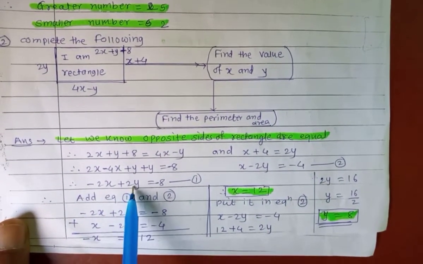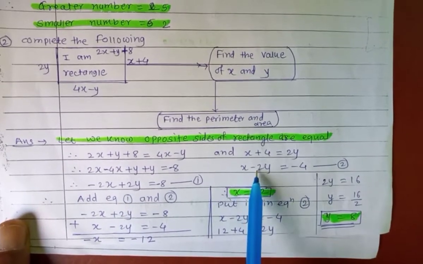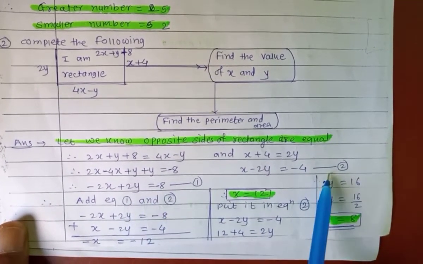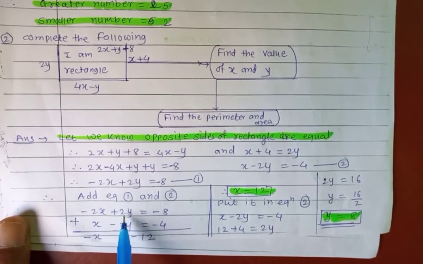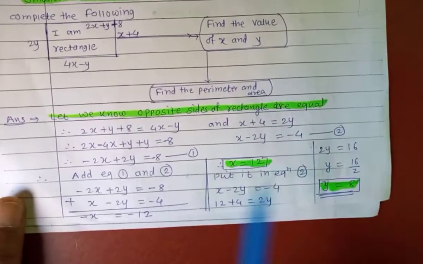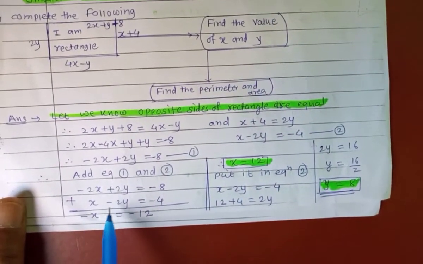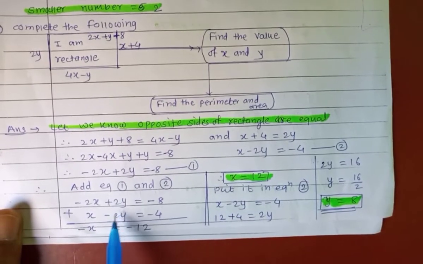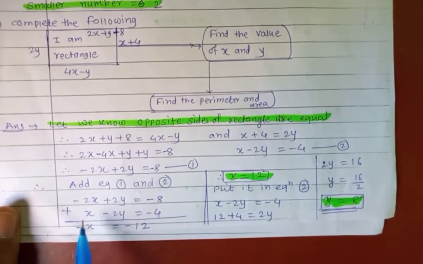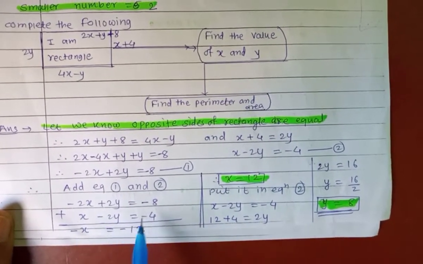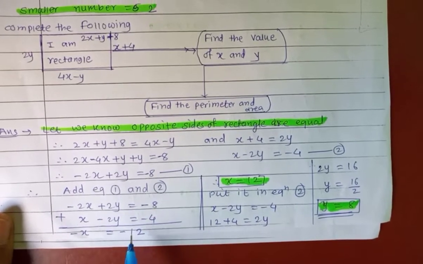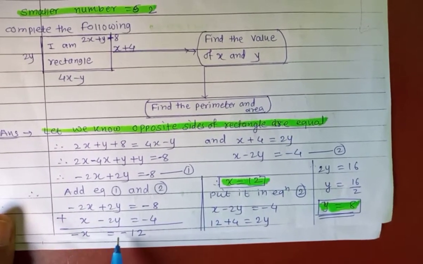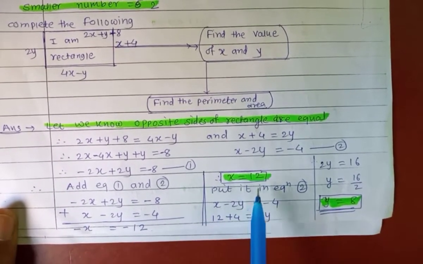Add equations 1 and 2: minus 2x plus 2y minus 8 plus x minus 2y equals minus 8, the 2y gets cancelled. Minus 2x plus x is minus x, minus 8 minus 4 is minus 12, therefore x equals 12.